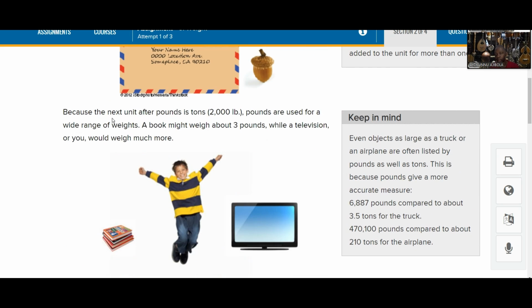Because the next unit after pound is tons. Pounds are used for a wide range of weights. A book might weigh about 3 pounds. Is that clear? A book might weigh about how many pounds?